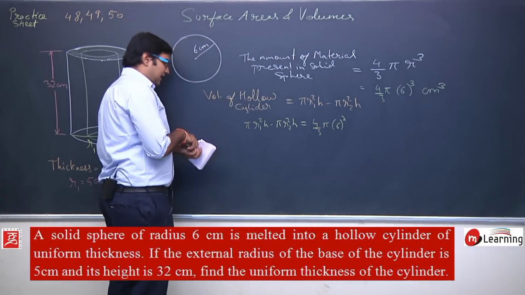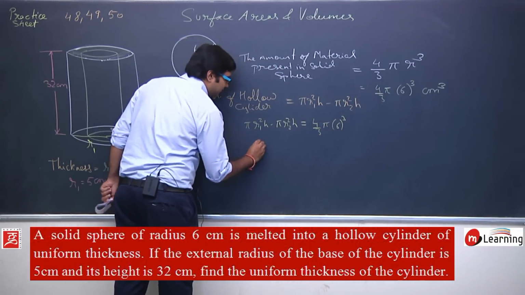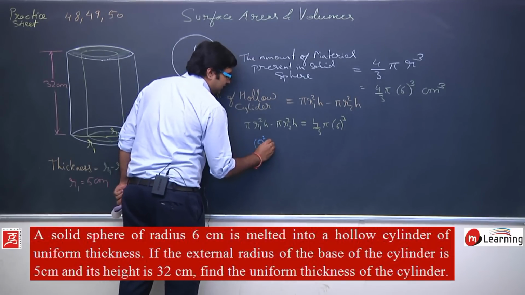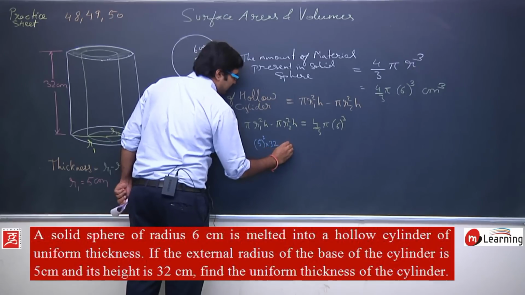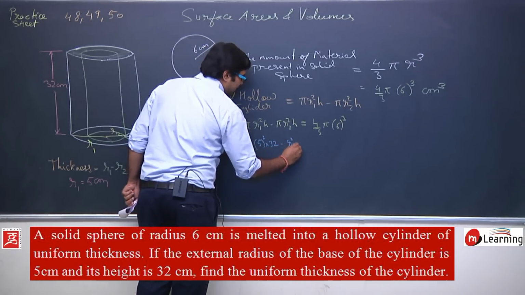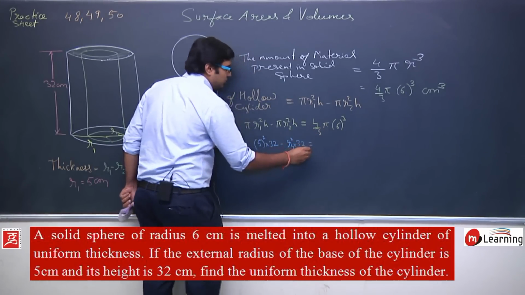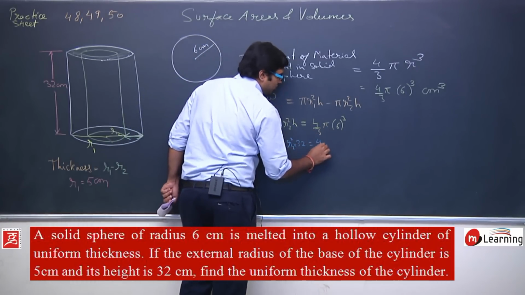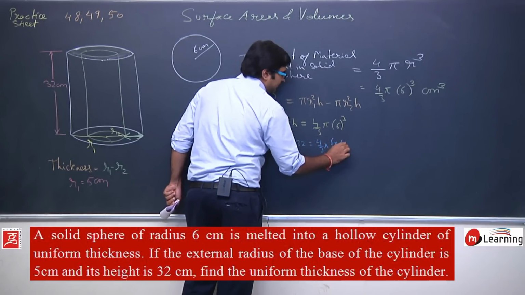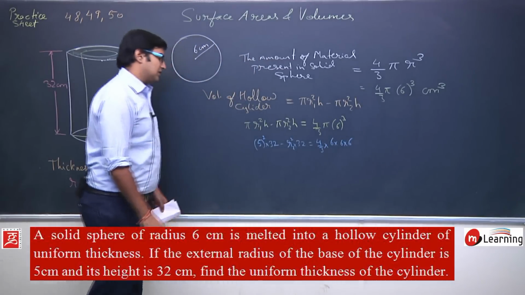From this I can cancel pi, and the value of r1 is 5, so square of 5 into h, which is 32, minus r2 square into 32 is equal to 4 upon 3 into 6 into 6 into 6. This is what we can get.